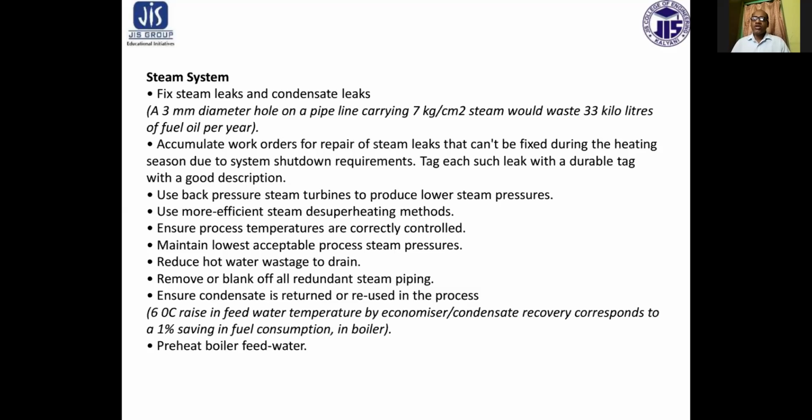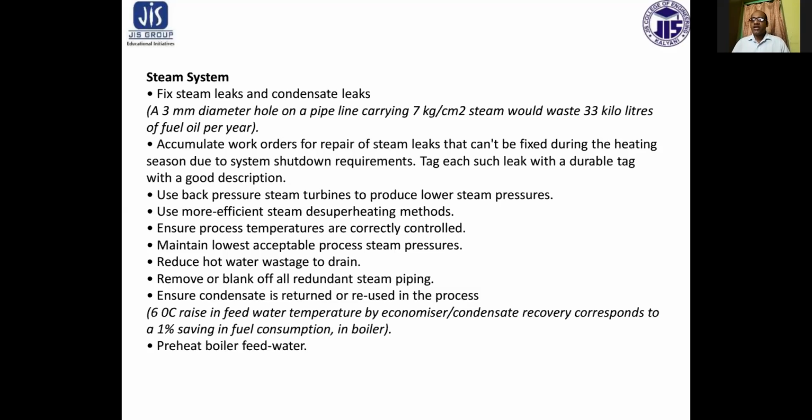Use a more efficient steam superheating method. Ensure process temperatures are correctly controlled. Maintain the lowest acceptable process steam pressure.